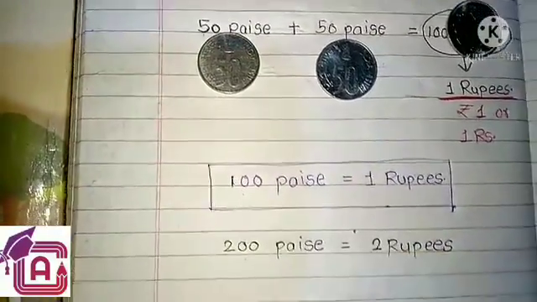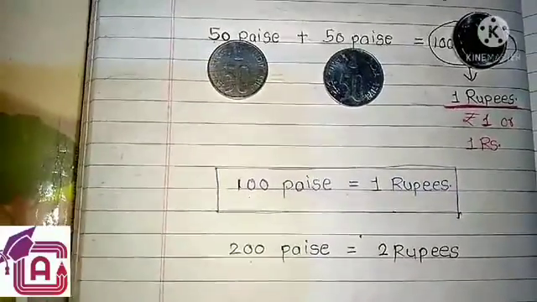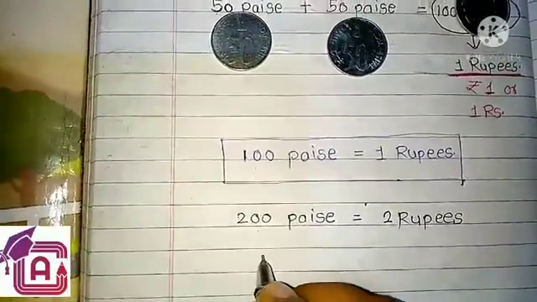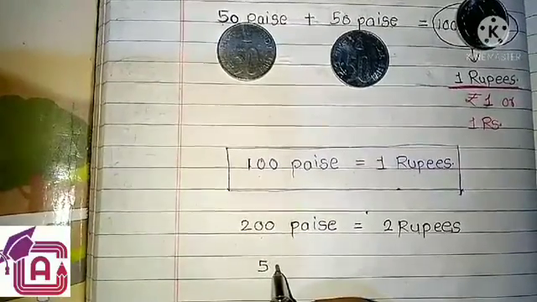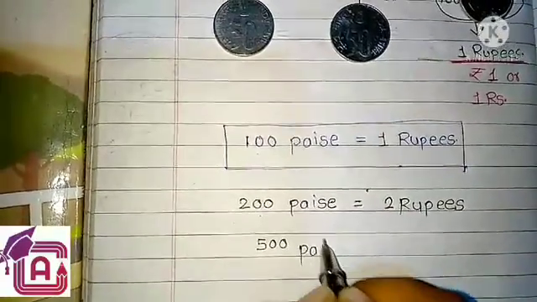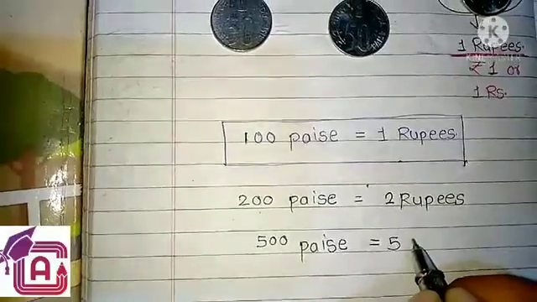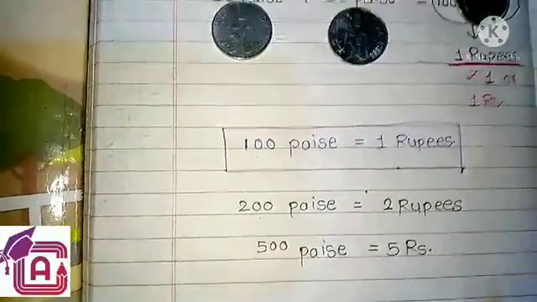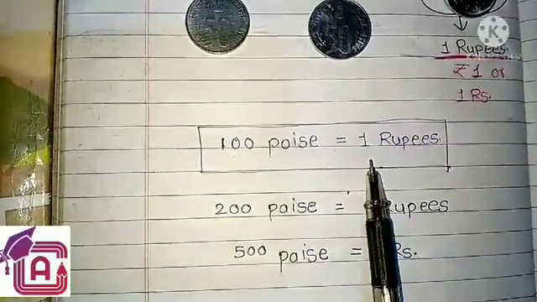So 200 paise is equal to 2 rupees. Then if I have 500 paise, how many rupees is it equal to? 5 rupees. So this is the conversion of paise into rupees.